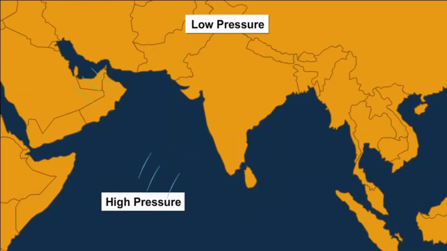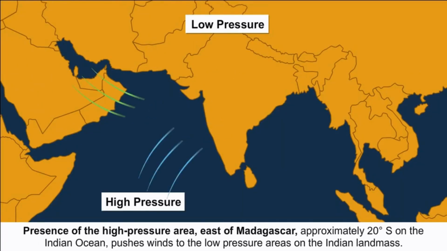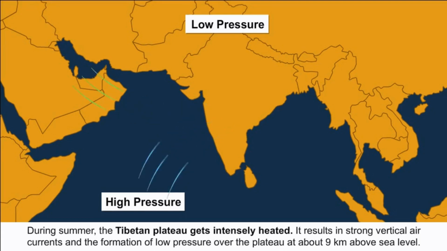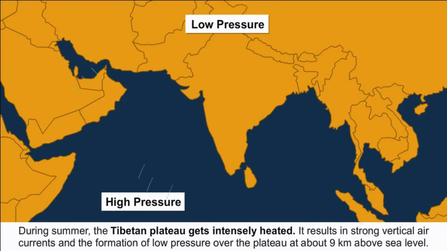3. Presence of the high-pressure area east of Madagascar, approximately 20 degrees south on the Indian Ocean, pushes winds to the low-pressure areas on the Indian landmass. 4. During summer, the Tibetan Plateau gets intensely heated. It results in strong vertical air currents and the formation of low pressure over the plateau at about 9 kilometers above sea level.